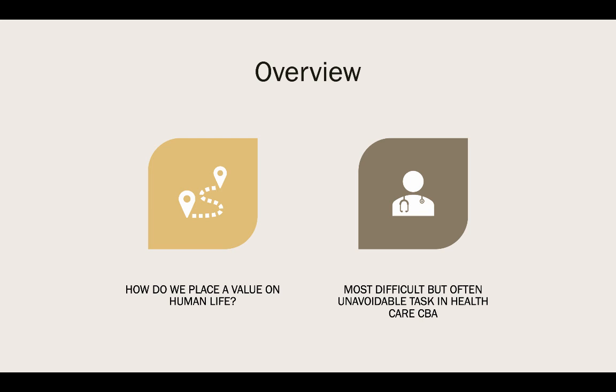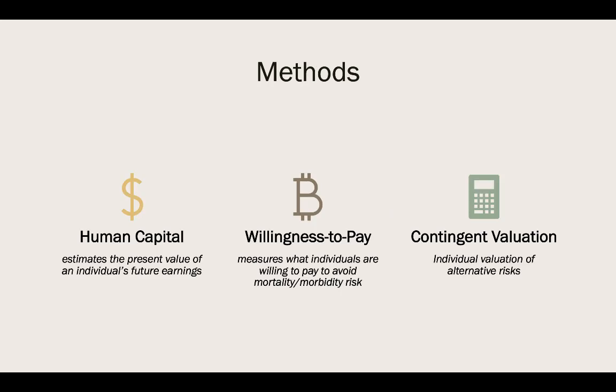It's kind of uncomfortable to place a value on a human life, but if we're doing a cost-benefit analysis, we're going to have to monetize everything. So that includes monetizing a human life. There are a few ways we can do this, and we can argue for and against every single one. Again, this is kind of uncomfortable, but a necessary task in cost-benefit analysis.